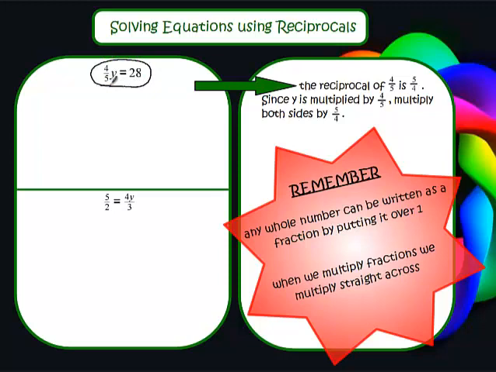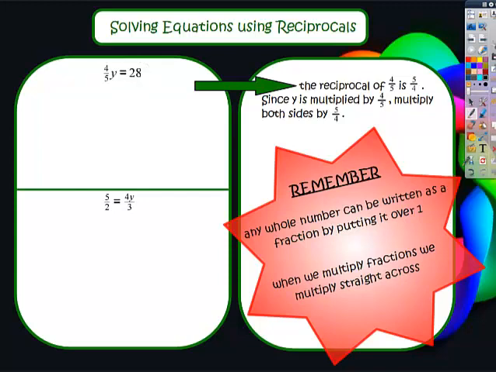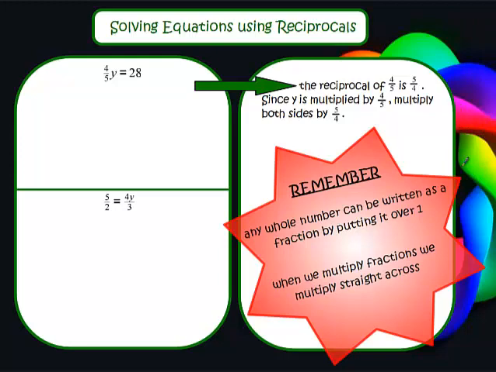Now, the reciprocal of 4/5 is going to be 5 over 4. So let's see what happens if I multiply both sides by the reciprocal of 4/5. I would multiply by 5 over 4 on this side, and I'd end up having to multiply by 5 over 4 on this side.